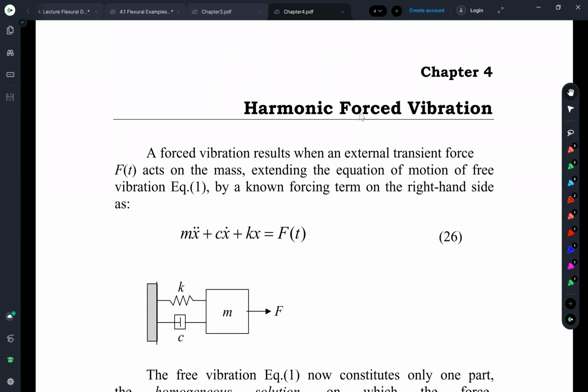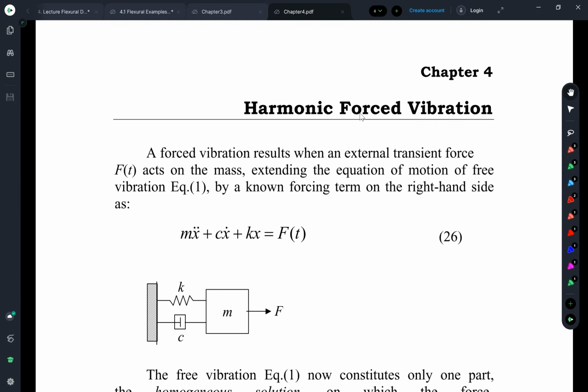Previously, in chapter 3, what we were concerned with was the vibration of the system without any external force, just the free vibrations. In terms of mathematics, we call that system the homogeneous system, the system where on the right-hand side of the differential equation you don't have any excitation term, and it is equal to 0.